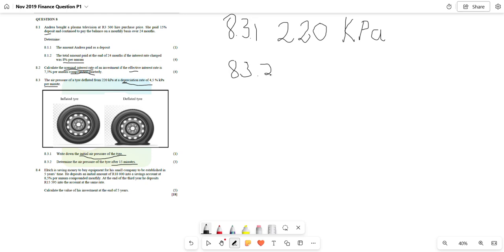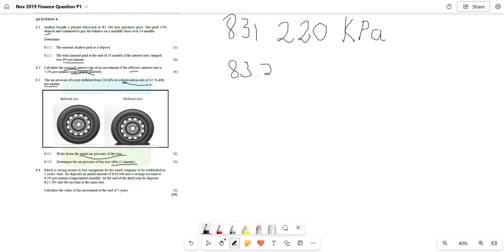Then 8.3.2 requires us to determine the air pressure of the tire after 15 minutes. We understand this is the initial air pressure. Because of the word depreciation, we are going to use the depreciation formula. Where it is not indicated that it is a straight line depreciation, please use the reducing balance depreciation formula.